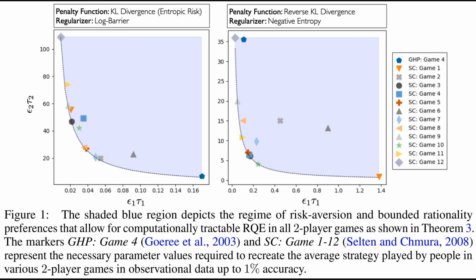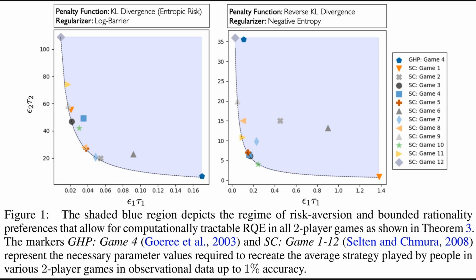Alright, so to see how these risk-averse quantal response equilibria work in practice, Figure 1 here presents two plots. They use different penalty functions, like Kullback-Leibler divergence, or KL divergence, a method to quantify risk, and different regularizers, which smooth agent choices, reflecting bounded rationality.